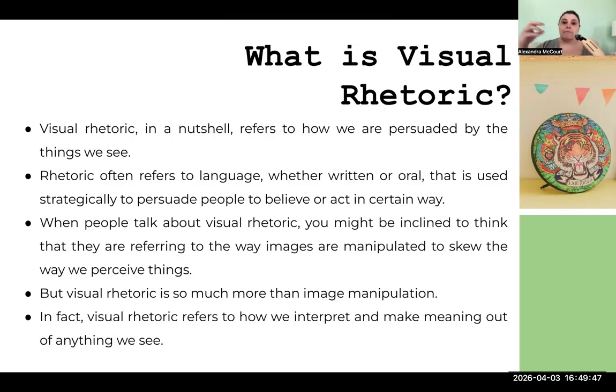So when we talk about visual rhetoric, we might be inclined to think about how images are manipulated to sort of skew the things that we perceive, but it doesn't have to manipulate in a necessarily negative connotation. It can be positive as well. So it's more than just manipulating the image. It also refers to how we, the audience, can interpret and make meaning out of the things that we see.